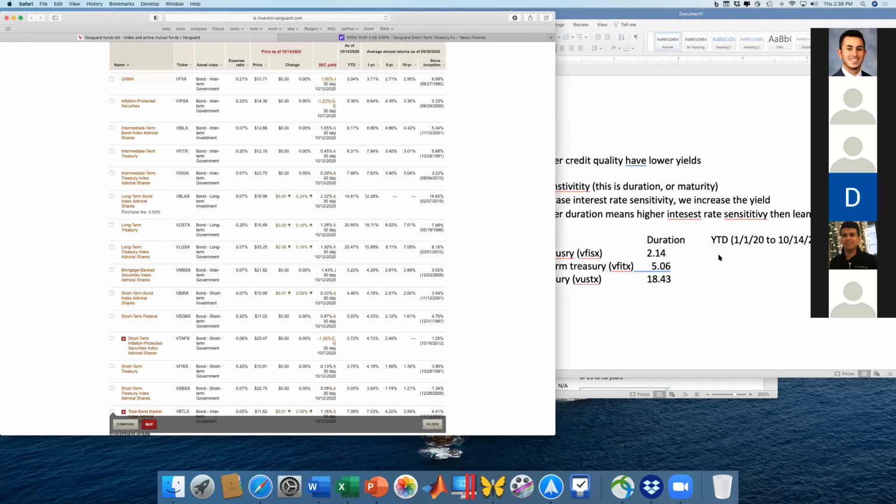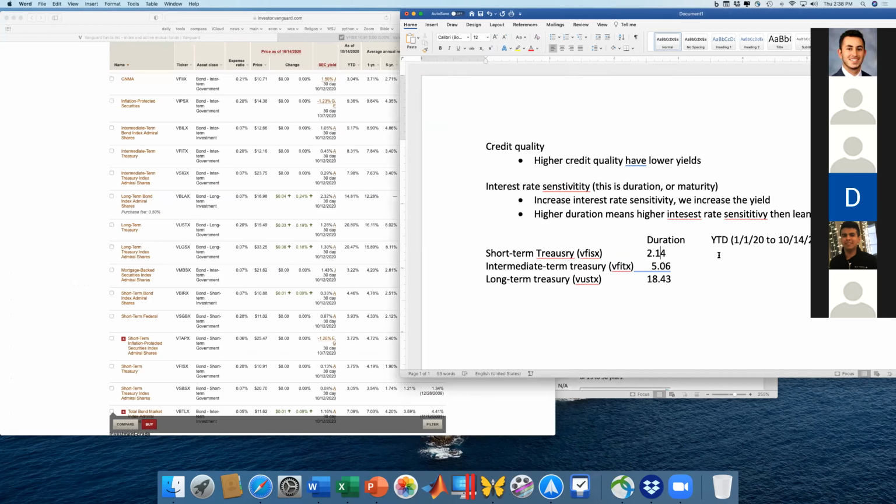Short term has 3.75. So its return this year is 3.75. The intermediate term is 8.31. Okay, so it had an 8.31% return.